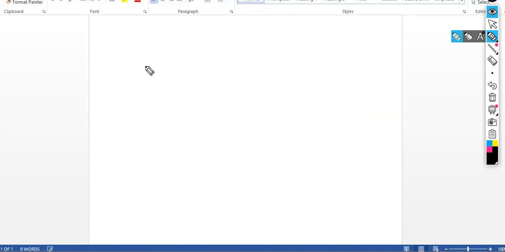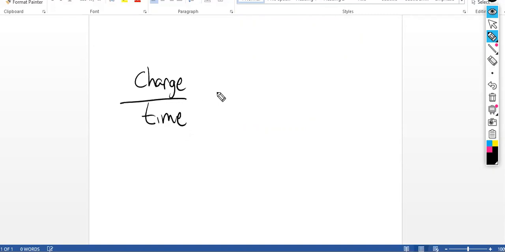What is charge per time? Anybody know what is charge per time? The intensity of the current. Try to think about this as current.